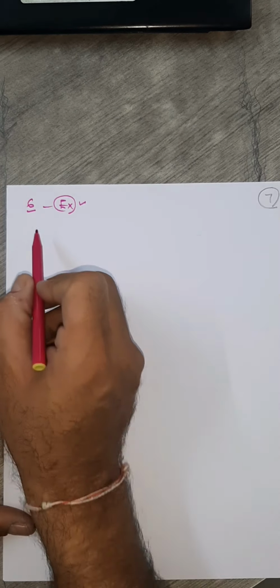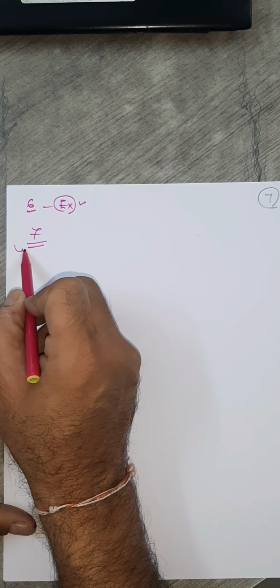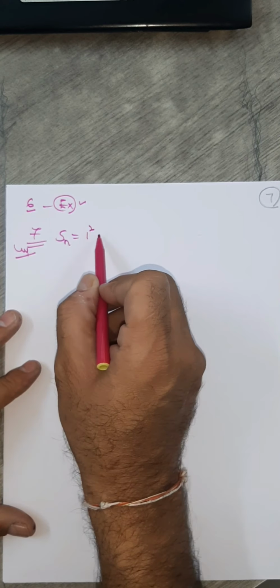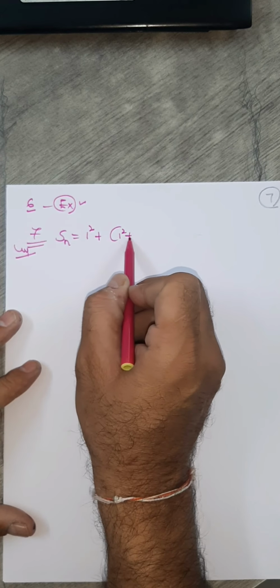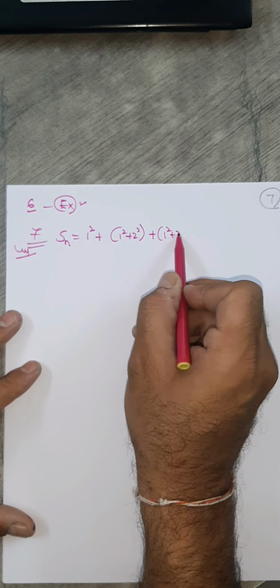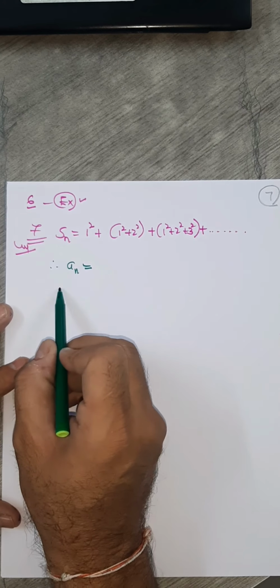Okay, I'll go to the 7th, which is a really good question. The series is given by 1 square. In the second term you have 1 square plus 2 square. In the third term you have 1 square plus 2 square plus 3 square. In the fourth term you have up to the 4th square and so on. So can you predict what should be the nth term or kth term, whatever you write?